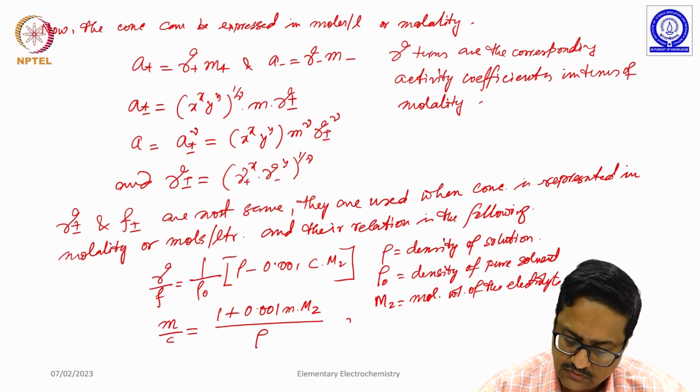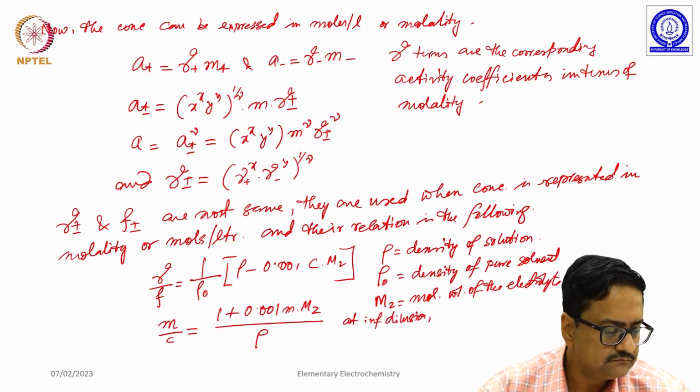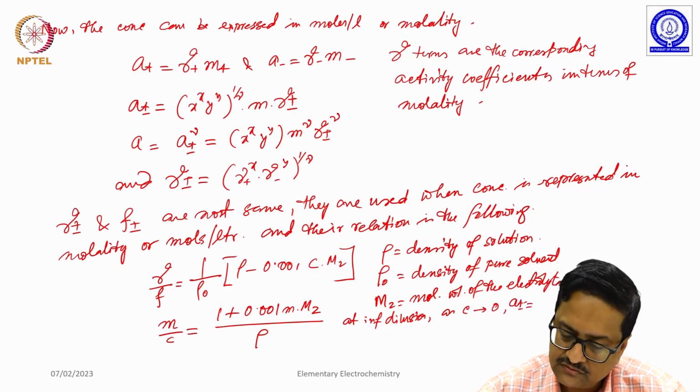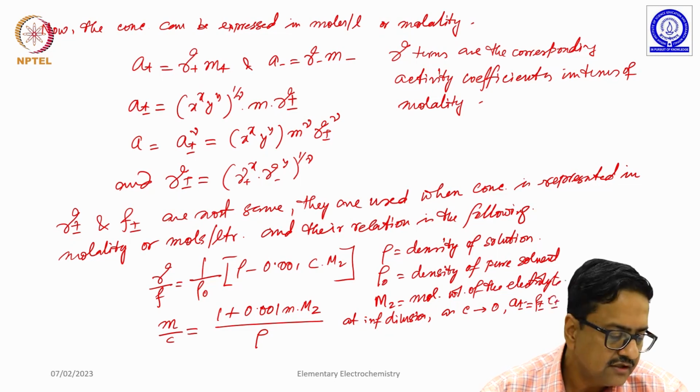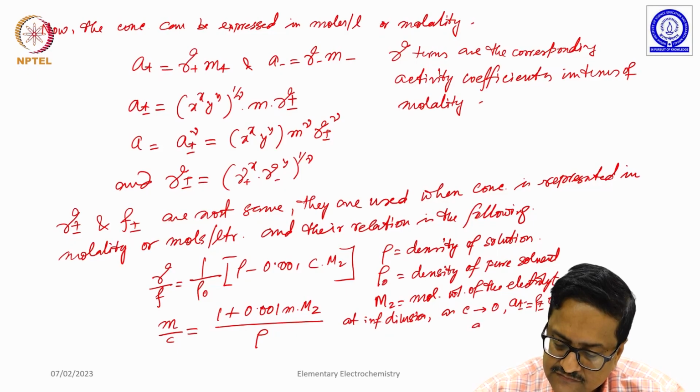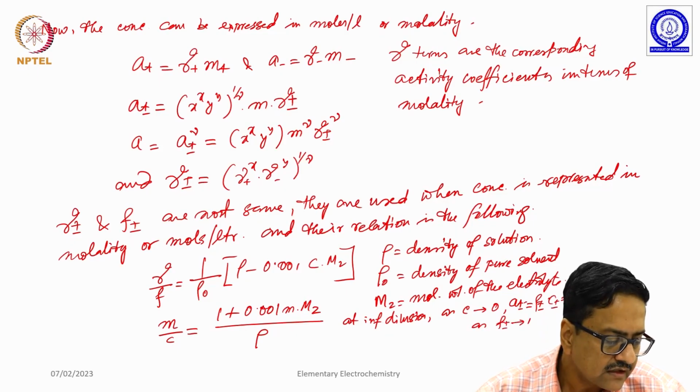So, at infinite dilution, as C tends to 0, a plus minus is equal to f plus minus into C plus minus, which is equal to C plus minus, as f plus minus also tends to 1.